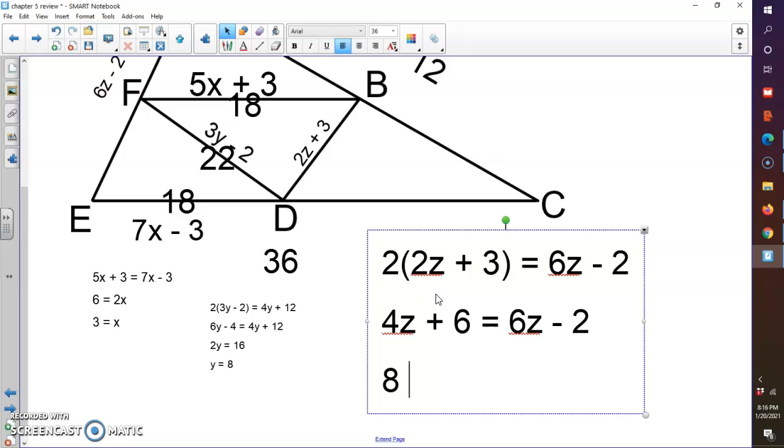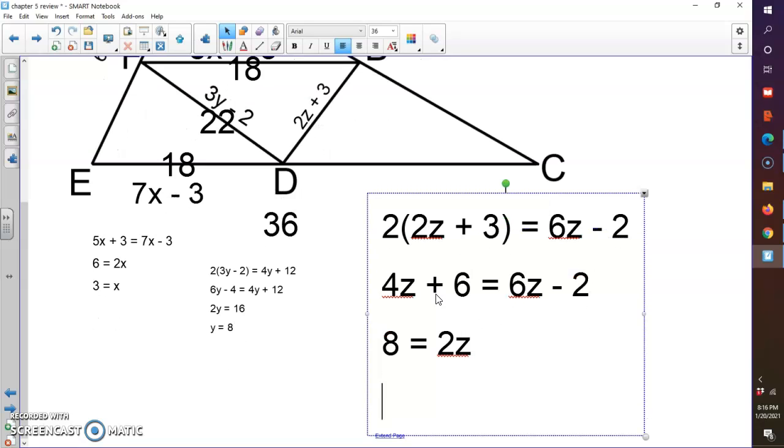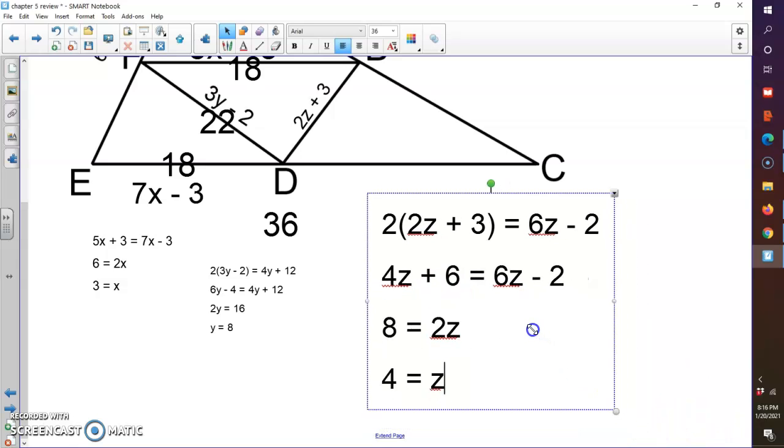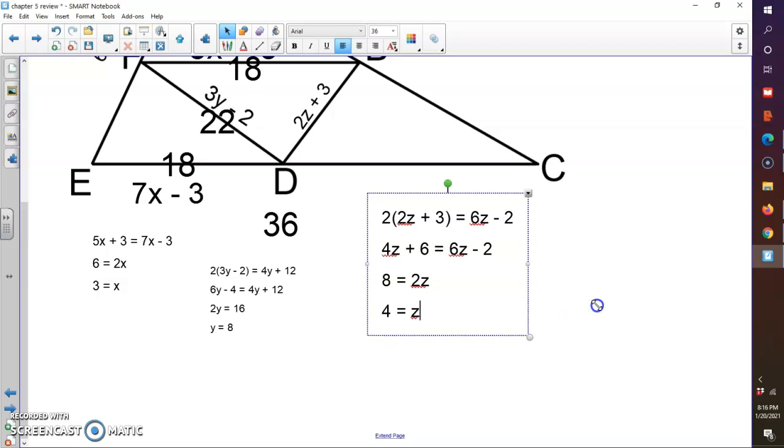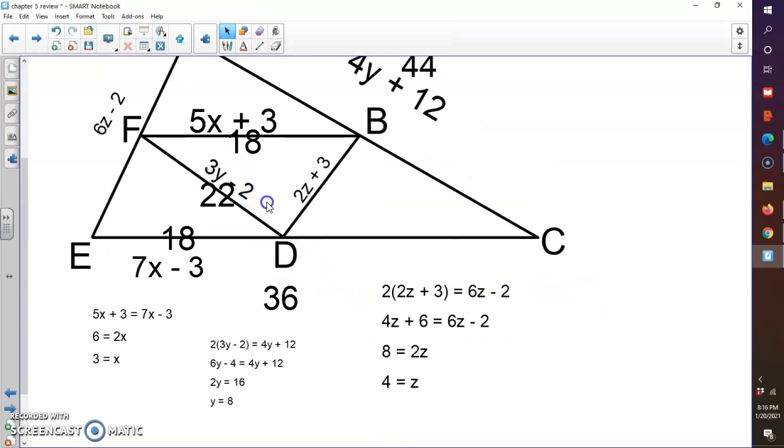We're going to get 8 equals 2z, and we're going to get 4 equals z. And when that happens, 2 times 4 is 8, plus 3 is 11. 6 times 4 is 24, minus 2 is 22. And that's how I get my x, y, z in a picture like this.